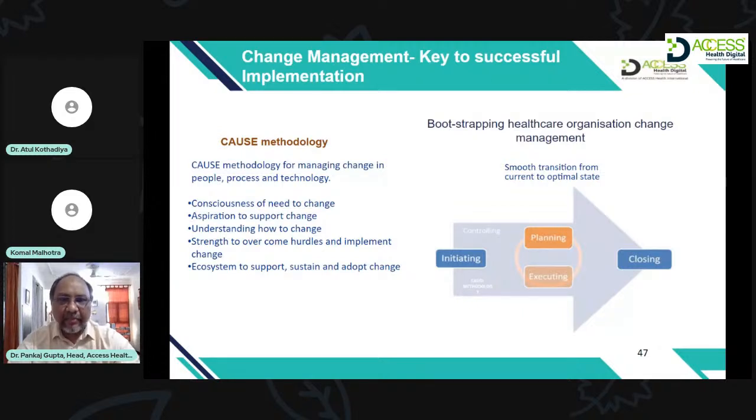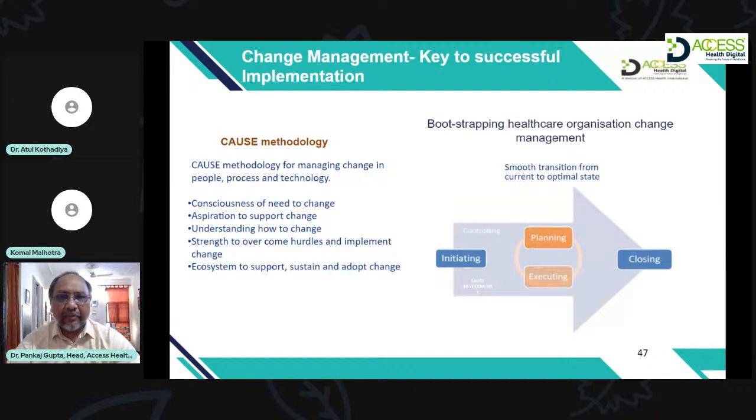When the change is happening, when the entire software is coming in, your physical processes are being changed, whatever work you were doing yesterday, you'll have to do it differently. Some of it will be inconvenient initially, so you will have to support it.